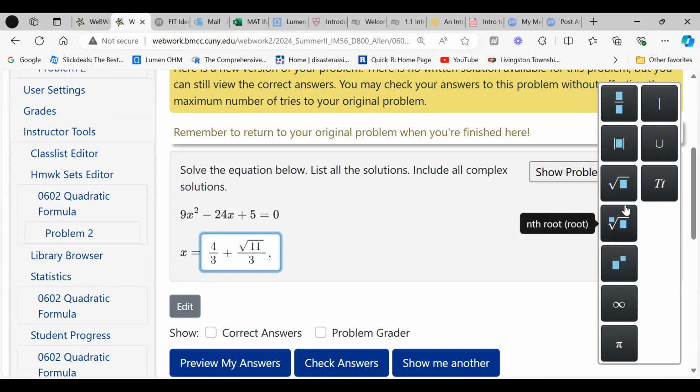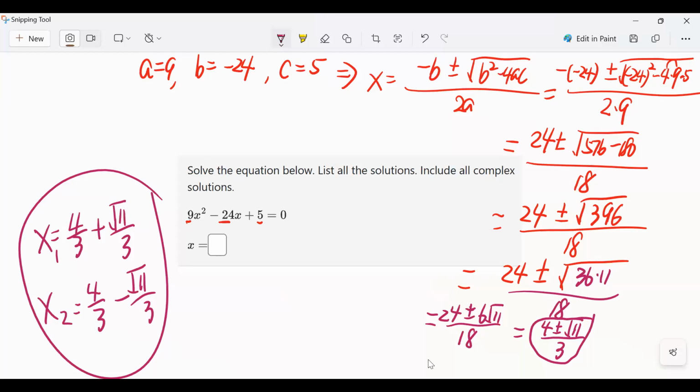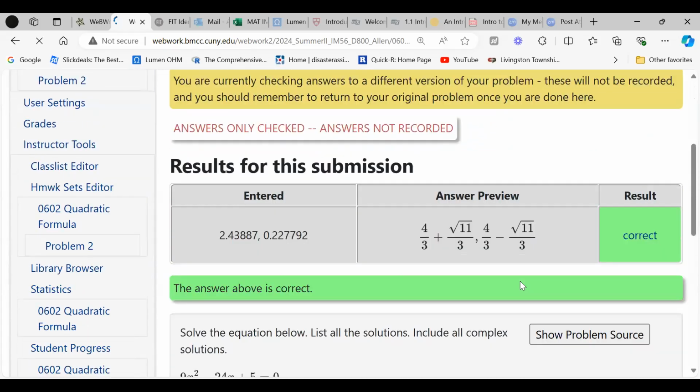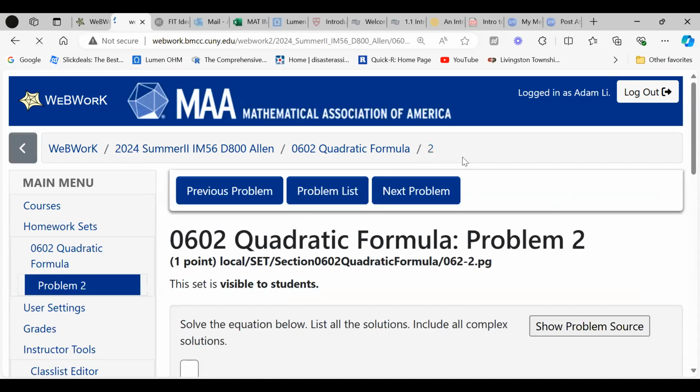And the second one is 4 over 3 minus radical 11 over 3. Let me quickly double check to make sure the answer is good. Okay, let's go back, check the answer. Yeah, they were good, right? Okay. Now let's try a little bit more.